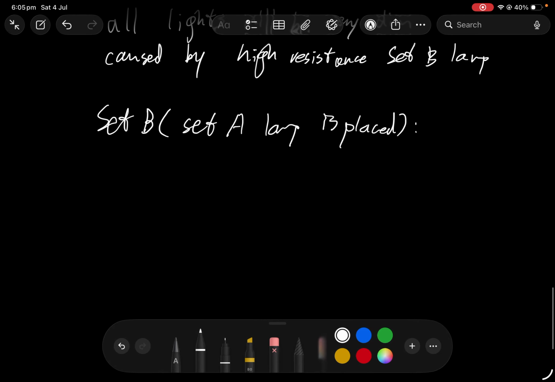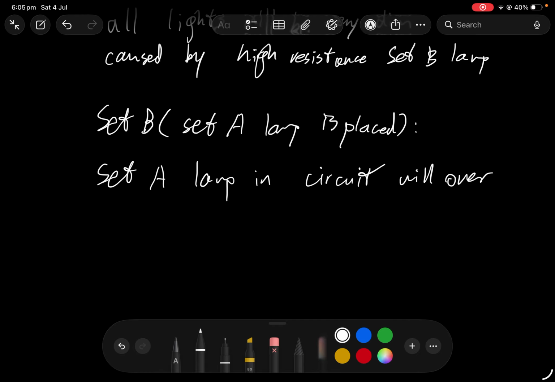So the set A lamp in the circuit will overheat and probably will burn out again.